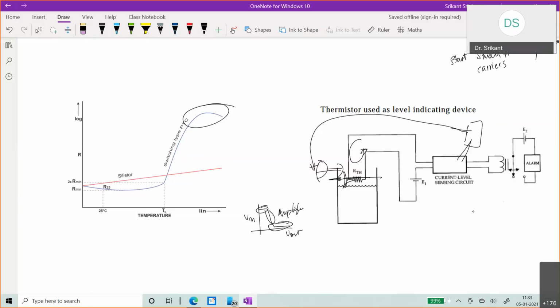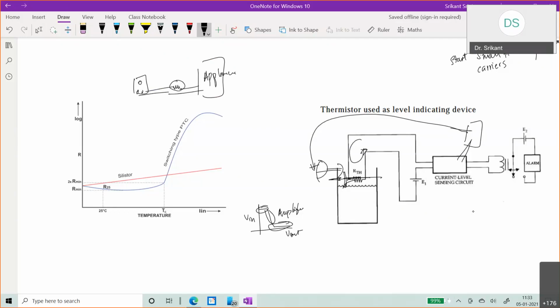Or I can have this in a circuit that looks like this, that I have some electrical appliance on my 3-pin plug, and there is the appliance over here, like a mixie or something. And in between, I'll have a thermistor over here. So what will happen is that supposing we talk about overload protection.